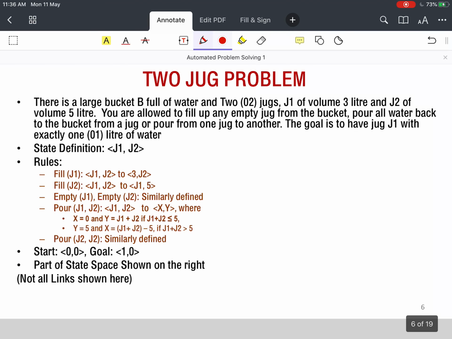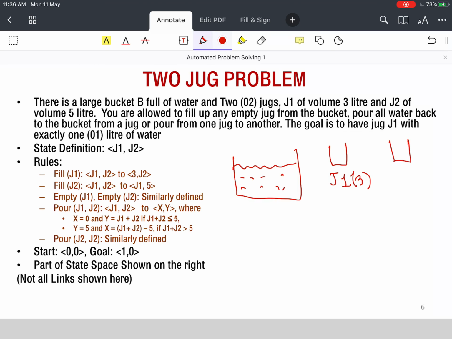In order to understand the state spaces better, we are taking up a smaller, more toy problem. This toy problem says that there is a bucket full of water and there is an infinite supply of water in this bucket. There are 2 jugs, J1 of volume 3 liters and J2 of volume 5 liters.